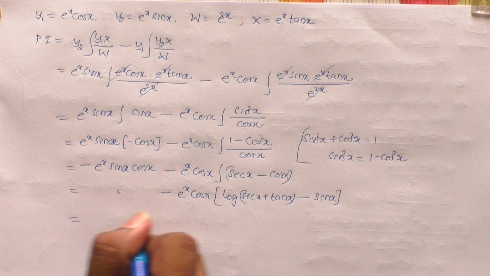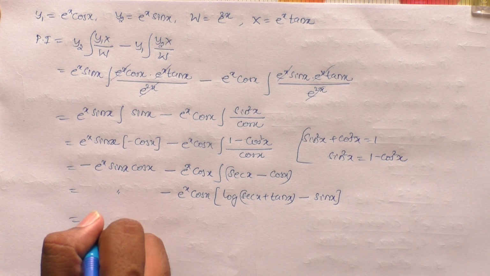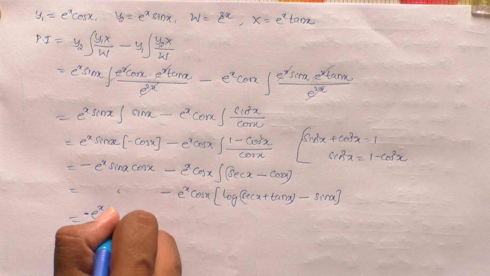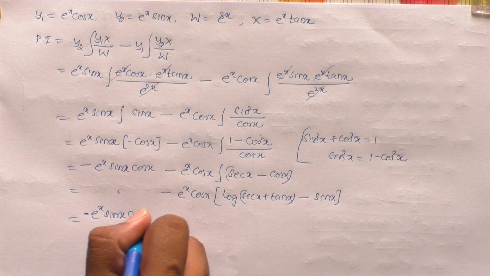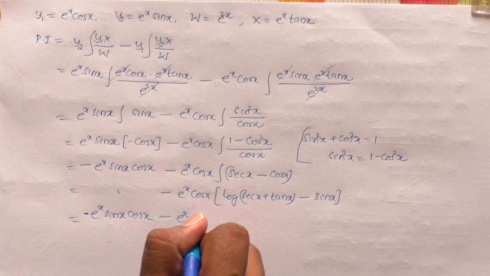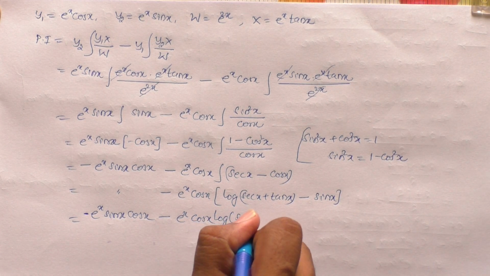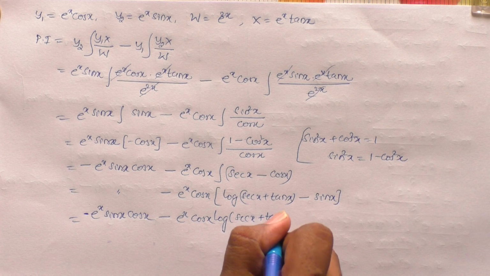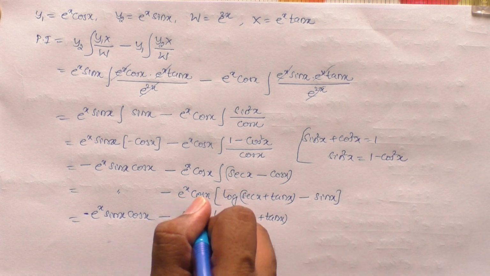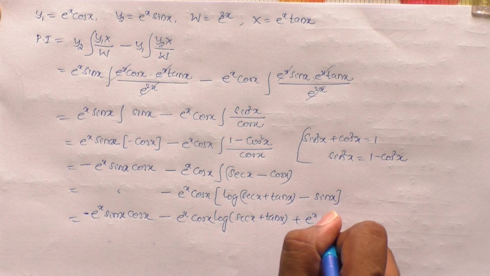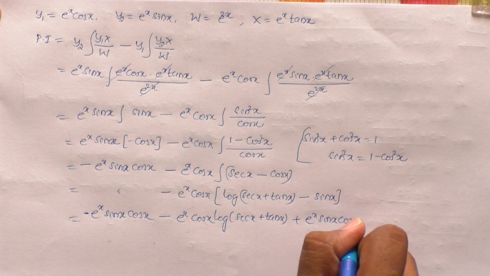So now let us simplify. First term minus e raised to x sin x cos x, minus e raised to x cos x into log of sec x plus tan x, then minus e raised to x cos x into minus sin x, so it will be plus e raised to x sin x cos x.